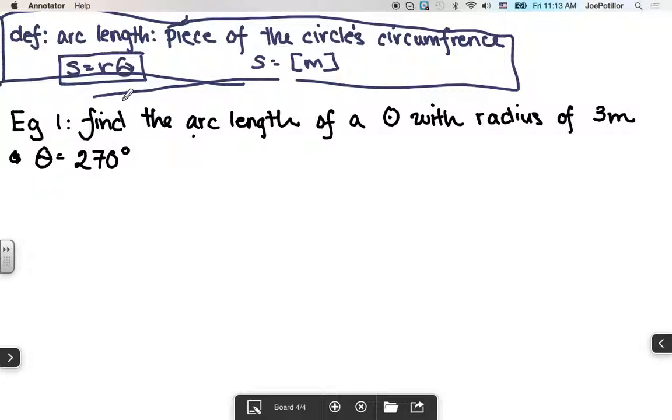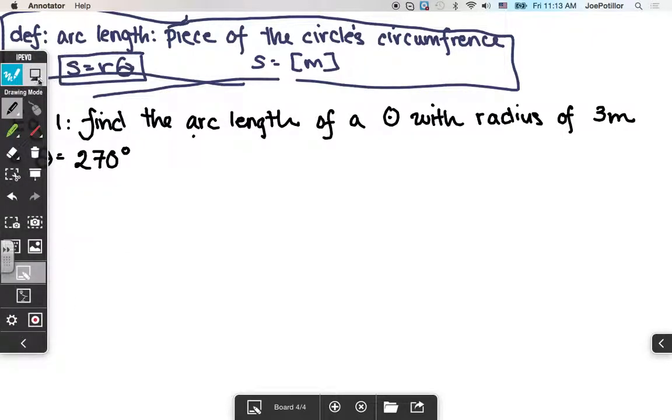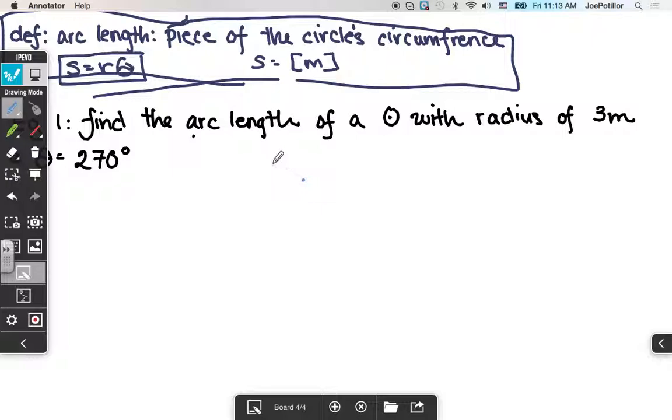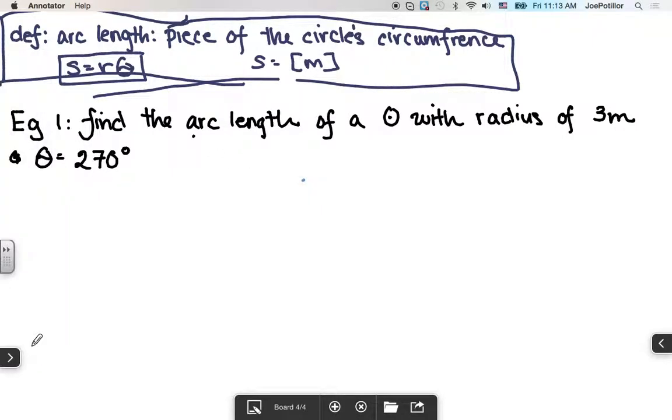Now, just to be a jerk, I'm going to have you convert it from degrees to radians in this situation, just to get you in the practice of doing that. Always, when you're looking at angles or rotational motion, we're always doing them in radians. So it's a very important thing.